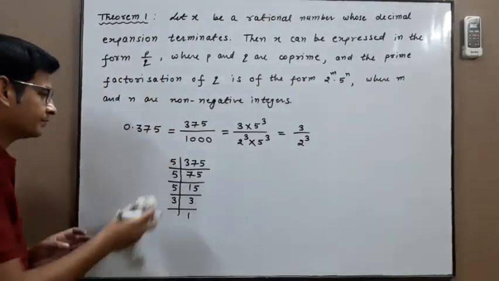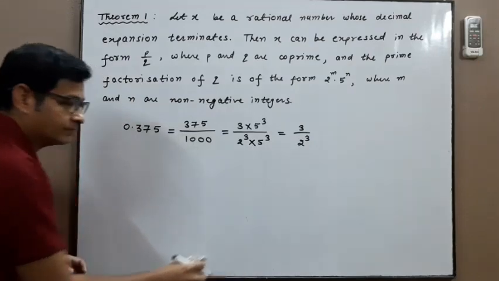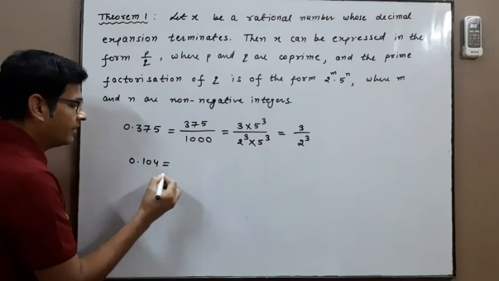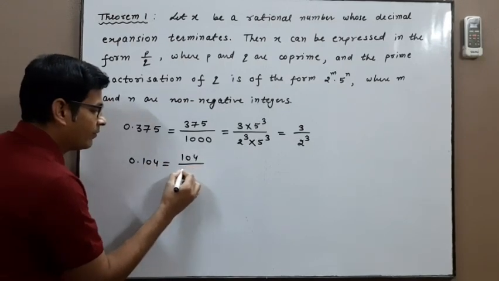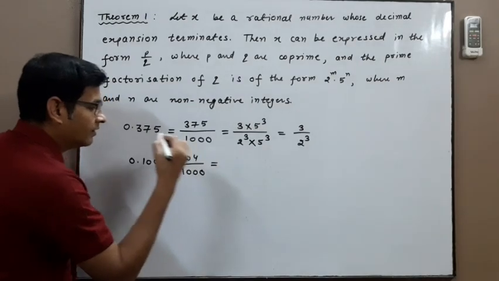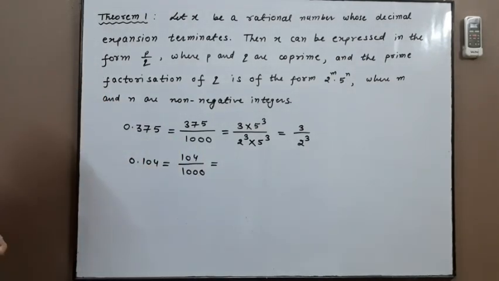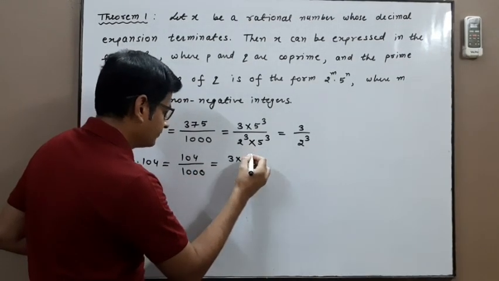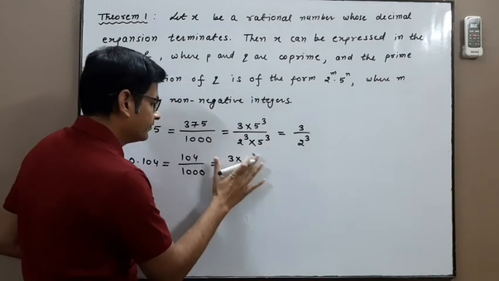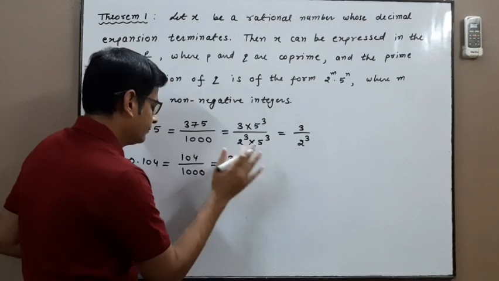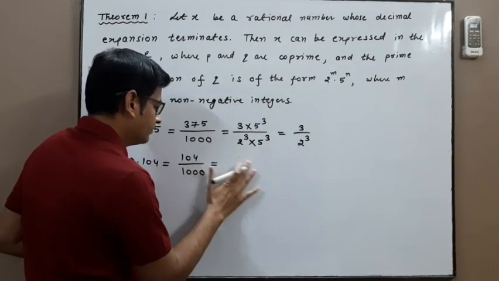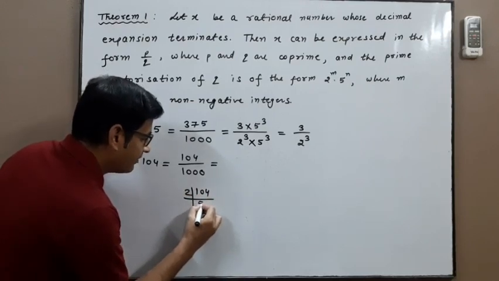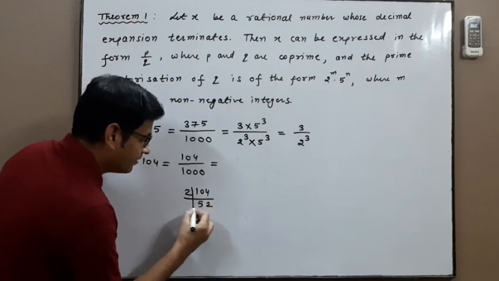Another example. 0.104 can be written as 104 upon 1000. Now write the prime factors of 104. 2 5s are 10, 2 2s are 4.